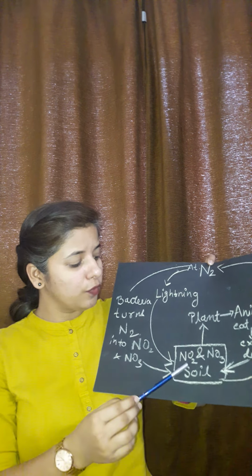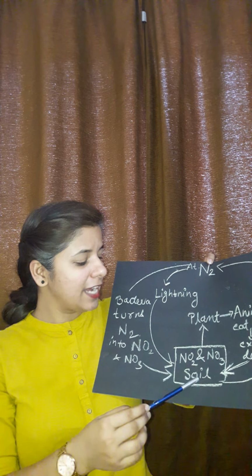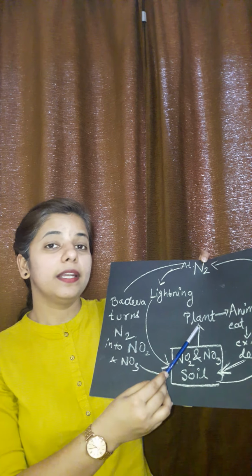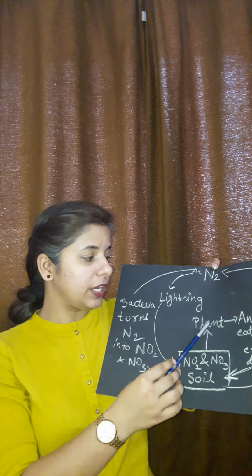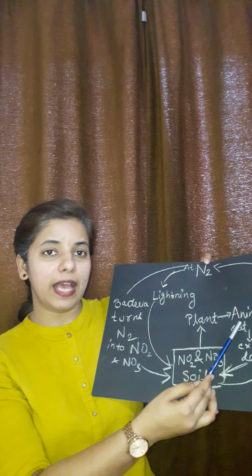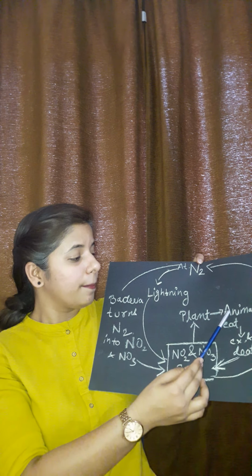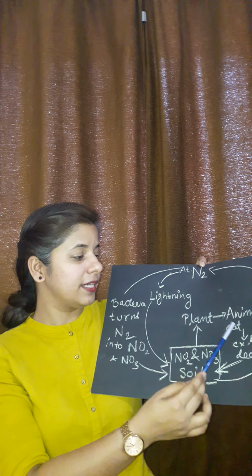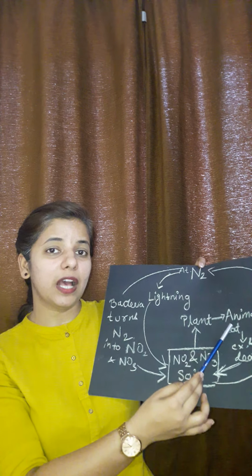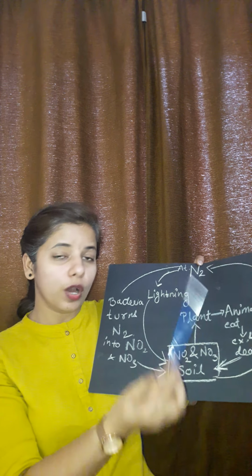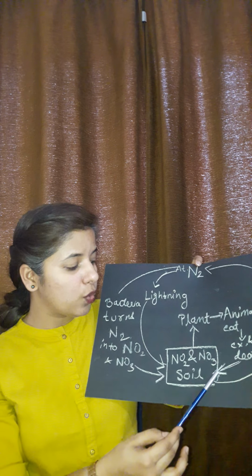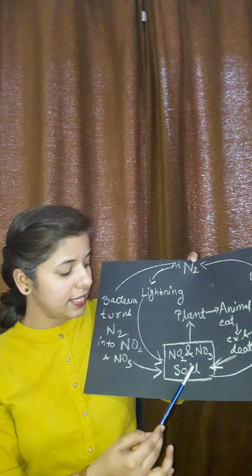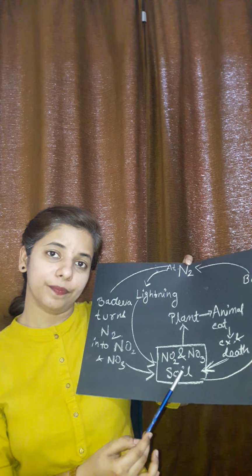Then from the roots, the plants absorb the nitrate and nitrite, convert it into protein, and that protein is transferred to the animals and the human body, because they are eating the same plant. And when the human excreta or waste products, or the dead bodies of the humans and the plants, undergo decomposition reaction, they again mix into the soil.